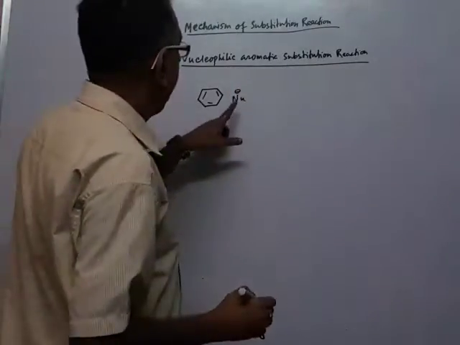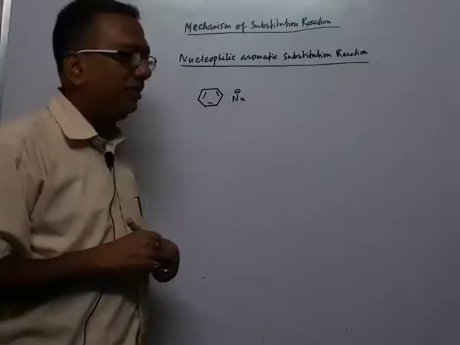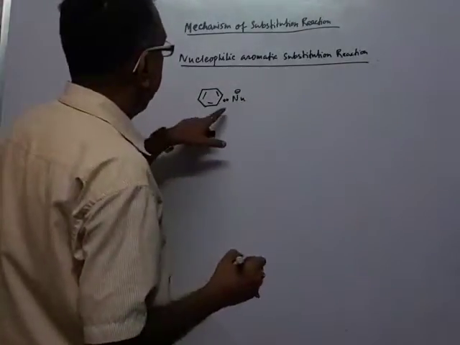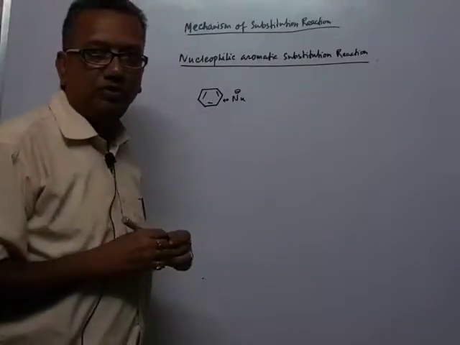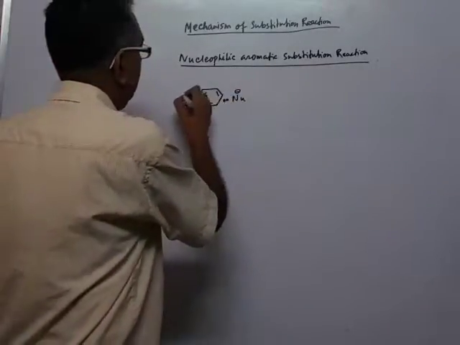Either it is negatively charged or the molecule has a lone pair of electrons, and there is a repulsion between them. So it is not an energetically favorable process for the nucleophile to attack this ring. That is the number one point.